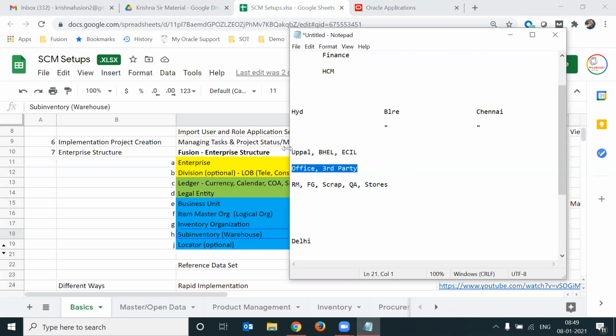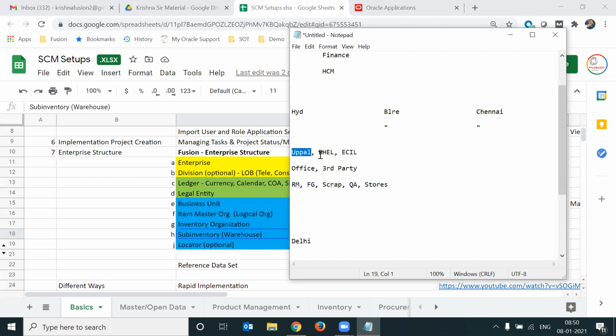So these sub inventories are defined under inventory org level. That means Hyderabad is having some sub inventories, and Bangalore is having some sub inventories, and Chennai is also having some sub inventories. Because if you say you have 1,000 stock in Hyderabad, that 1,000 stock is in which warehouse? You're talking about 1,000 stock is available in Hyderabad. The 1,000 stock is available under which warehouse?